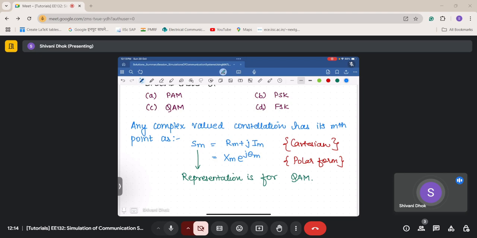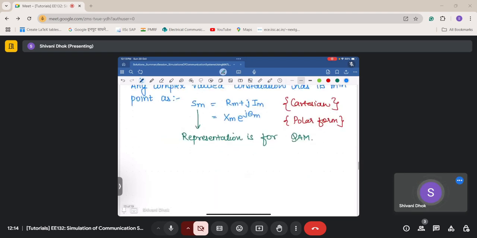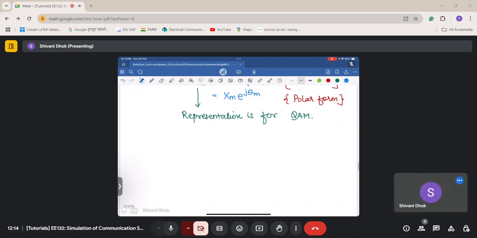Okay, so now what we can do is restrict the cases for your xm, theta m, or in Cartesian form Rm and Im, and you will get different constellations. So now suppose we keep theta m as 0, then your Sm will be equal to your xm.